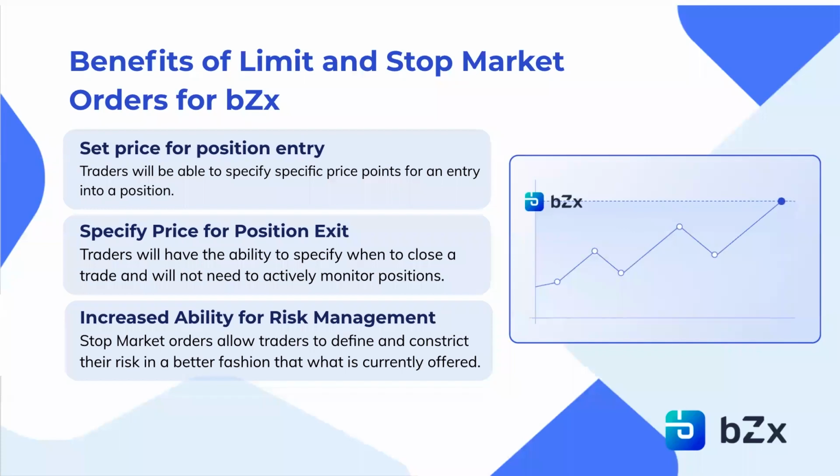Market stop orders fix the issue of the lack of risk management, as you're able to set in advance the price you want your position to close out at a loss. So if you have a position open and you say at a certain price, I want this position to be exited because I don't want to keep the position open for further loss, you can.